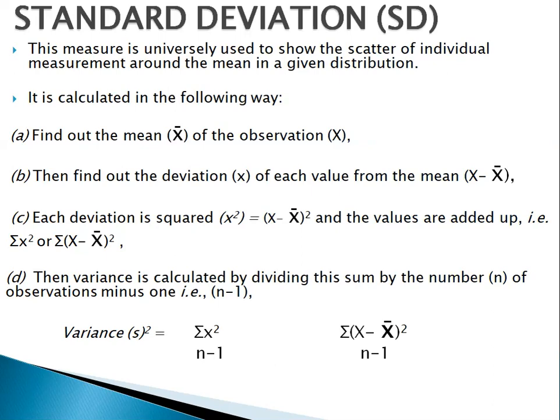The variance, s square, is equal to the summation of (x minus x bar) squared divided by n minus 1.